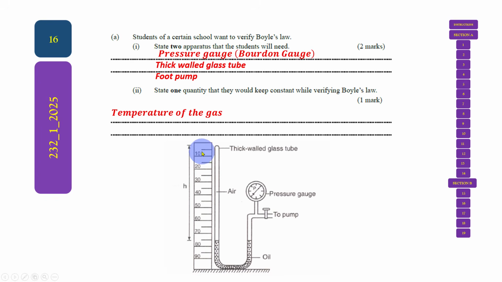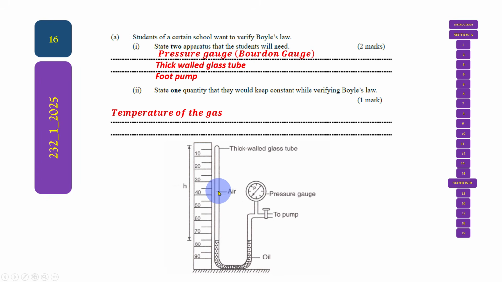You will need a millimeter scale, somewhere around there. You will need a Bourdon gauge to be able to measure pressure. And you might need a foot pump to increase the pressure on this side of the U-tube so that it can squeeze this gas here.